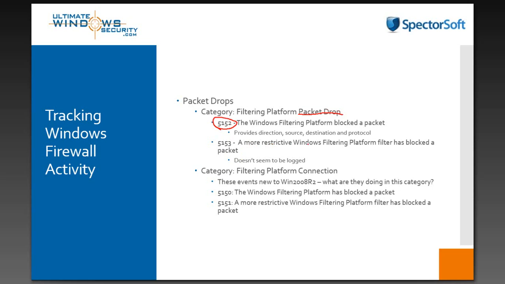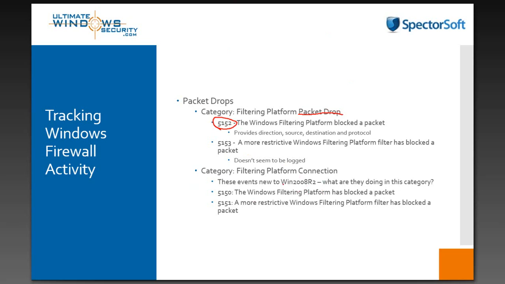But there's this other one about a more restrictive filter blocked a packet. I don't know. I've never seen that logged. That doesn't mean that it's never logged. It could just be that the way I've configured my Windows firewall rules and experimented with them, the packets that I've sent just haven't triggered this. So I would go ahead and include it in my criteria, but don't be surprised if you don't see it, if that makes sense.